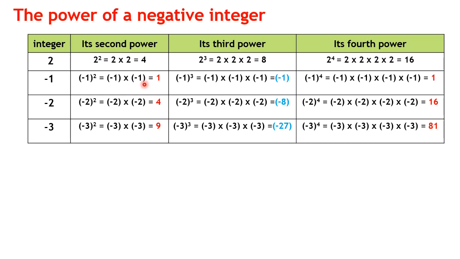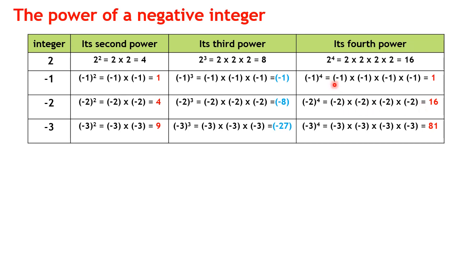So it is very clear that for the integer minus 1, the second power is plus, the fourth power is also plus, but the third power is minus. Okay, let's go for one more negative integer, this time minus 2. Minus 2, second power, plus 4. Its third power, minus 8. Its fourth power, once again, plus 16.